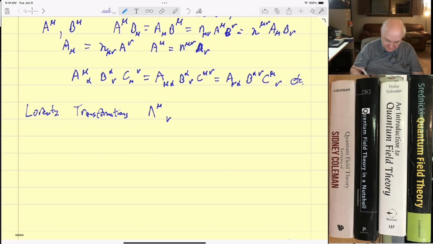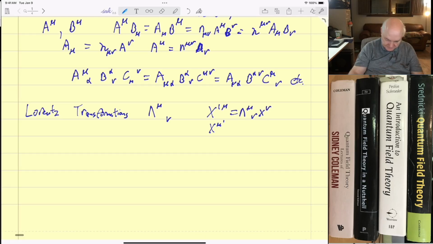And so the transformation would be something like x'^μ = Λ^μ_ν x^ν. Some books put the primes on the coordinates, like x^μ' instead of x'^μ. I don't really care which way you do it.